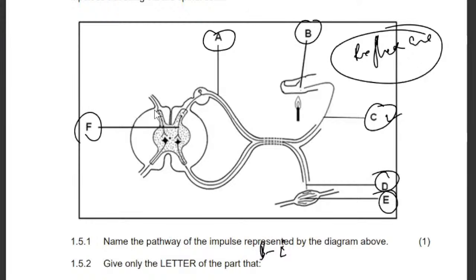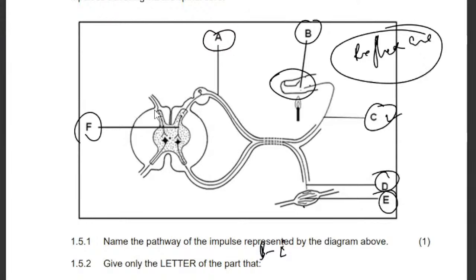I was talking about the ears, and this sensory neuron connects to the receptor where the sensory neurons are coming from, and then they go to the muscles where the motor neurons are being connected.